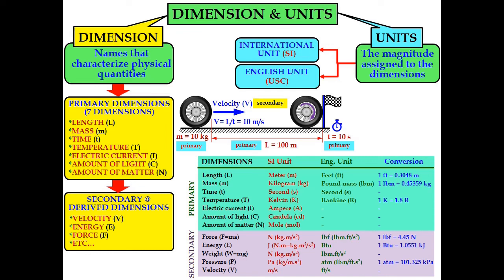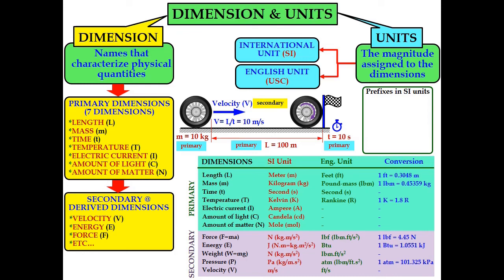In terms of conversion, 1 lb force is 4.45 Newton. For energy, 1 BTU equals 1.0551 kilojoule, and for pressure, 1 atm equals 101.325 kilopascal. So these are the SI unit, English unit, and conversions for the secondary dimensions.